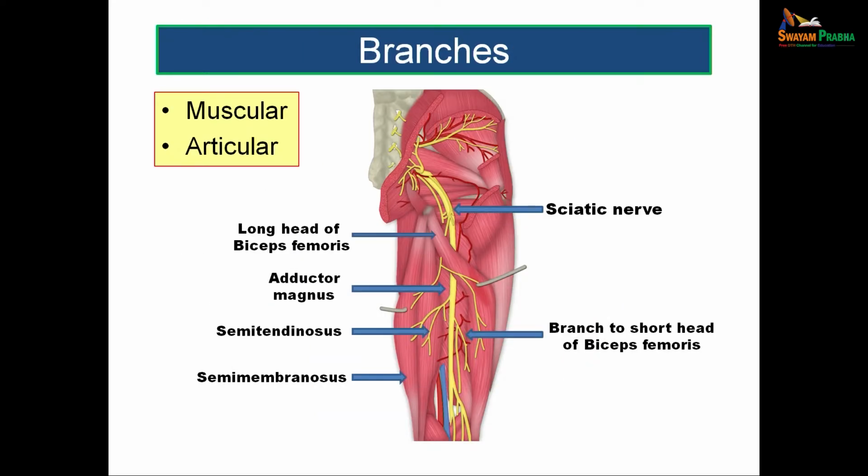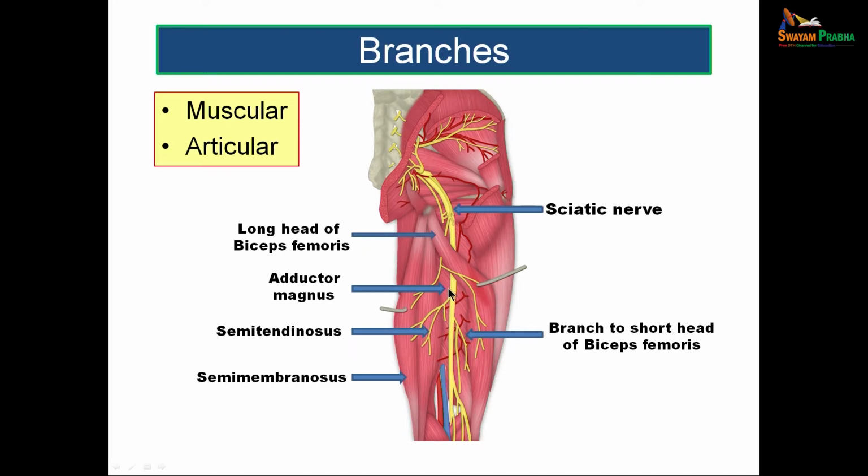Now, let us look at the branches given off by the sciatic nerve. Usually, it gives muscular and articular branches. It gives an articular branch to the hip joint. The posterior surface of the capsule of the hip joint is supplied by this branch. Otherwise, it gives muscular branches to the muscles present in the back of the thigh.